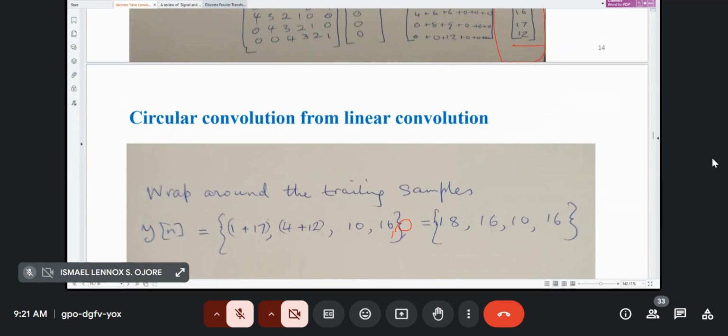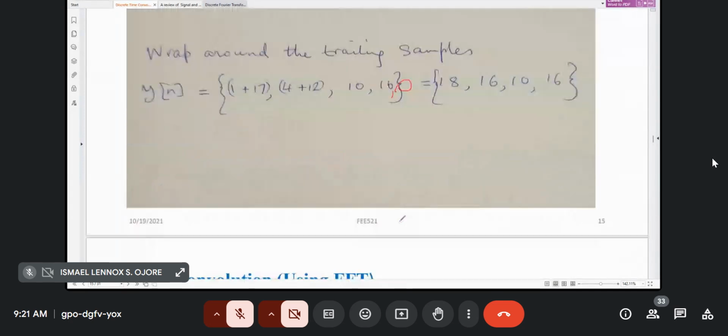Yeah. I think we are going to do examples of that in class. But what I was trying to demonstrate here is the fact that you can do the wraparound.